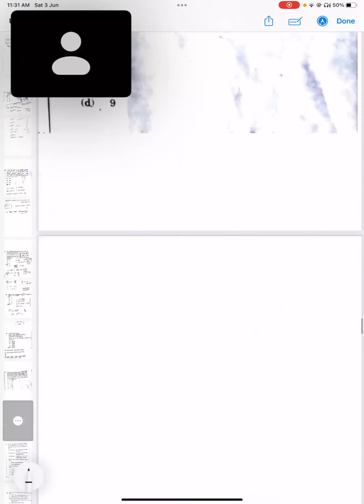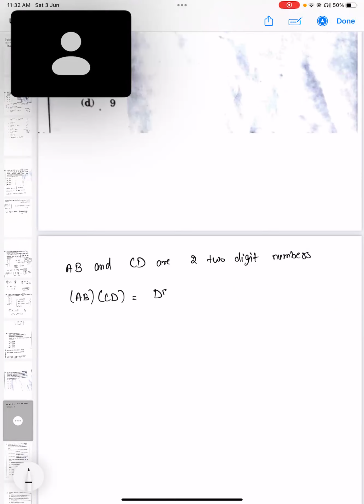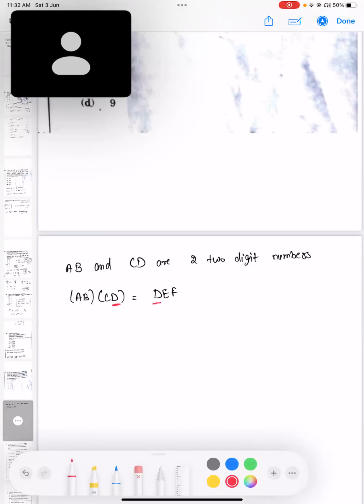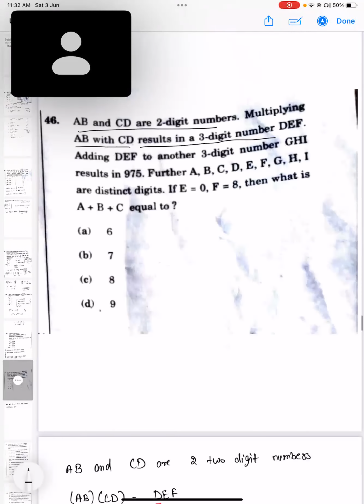AB and CD are two-digit numbers. AB into CD is equal to DEF. See, this D and this D are same. So we will use this thing.